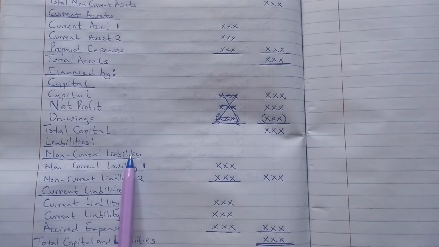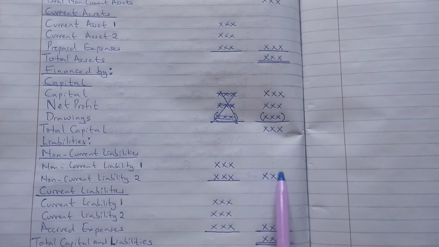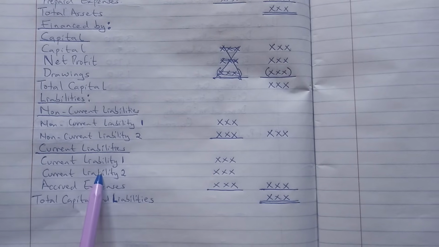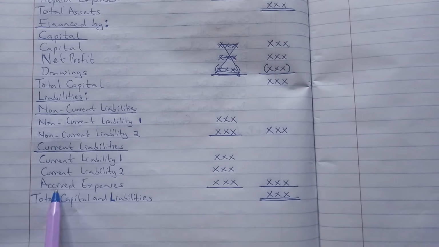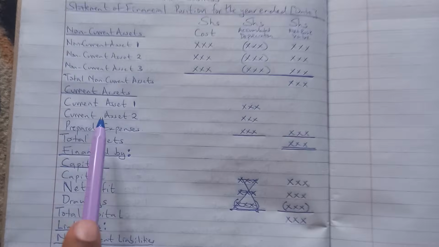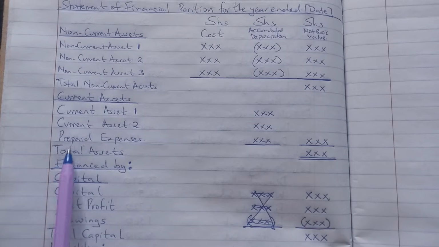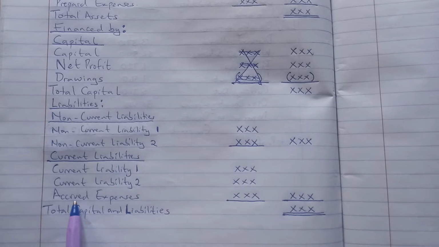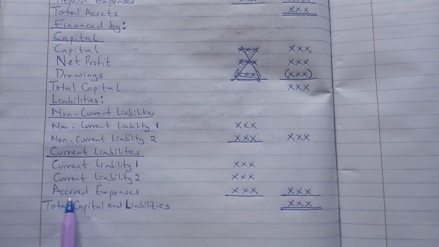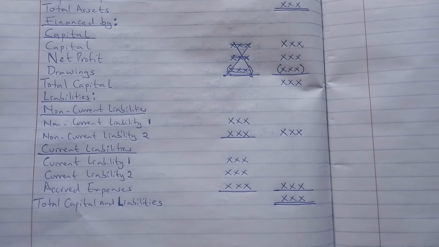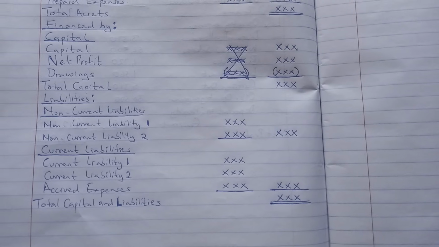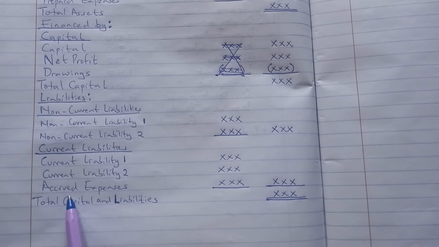You have non-current liabilities, you add them all, you get the figure. And then in current liabilities, you add the current liabilities. Since in the current assets we have prepaid expense, in current liabilities there is accrued expense, and I explained this in our video on income statement, so please refer to that video.